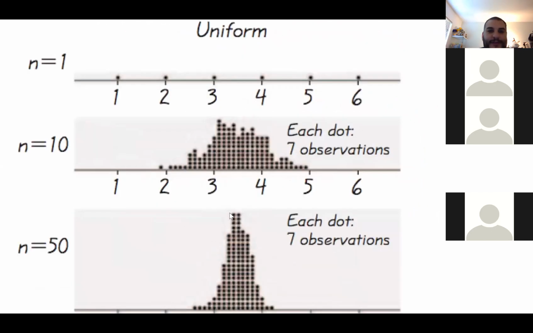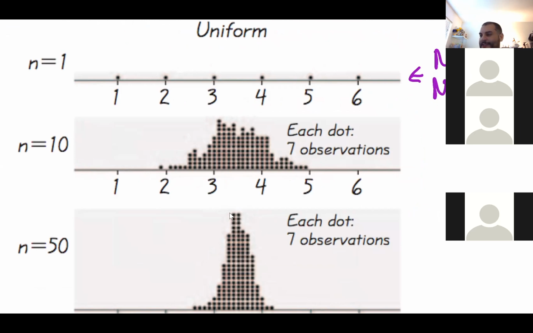This next one is a uniform distribution, which is not normal. It's saying that if it starts off non-normal, it's okay, because if we take a sample size large enough, we could say it's approximately normal.